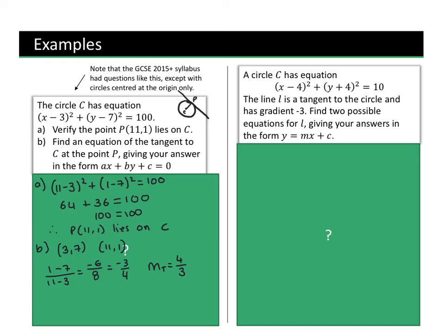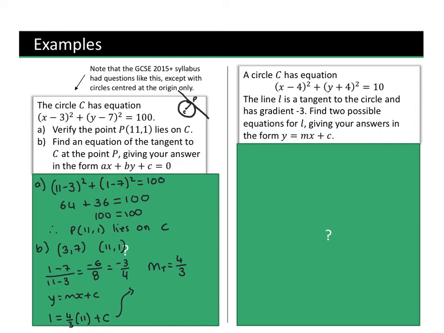We now have a point, P, so now we know y equals mx plus c. So our y is 1 equals gradient 4 over 3 lots of 11 plus c.